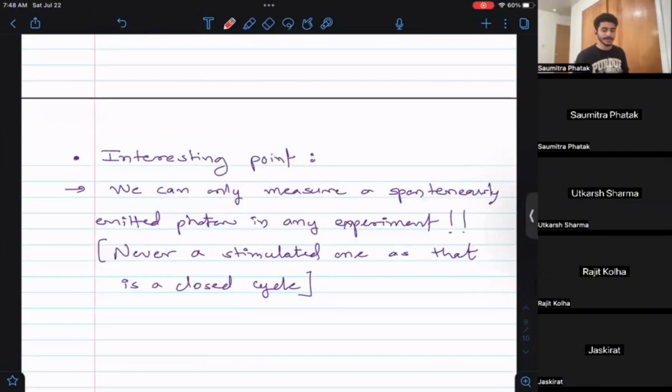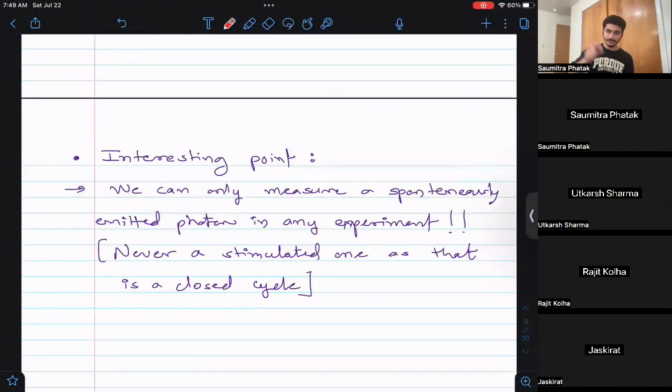One interesting point is that whenever we are doing experiments, we are always detecting photons, right? Whenever we incident light on an atom, the light scatters off and we get the photon in our detector. After discussing A and B coefficients of Einstein, you can now imagine that all the photons that we collect are spontaneously emitted photons.